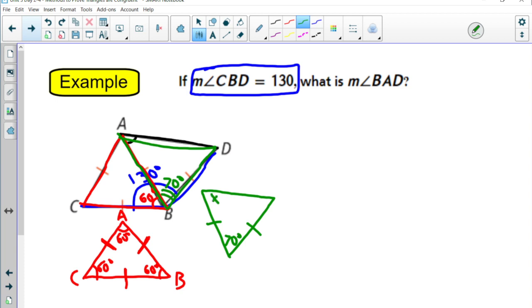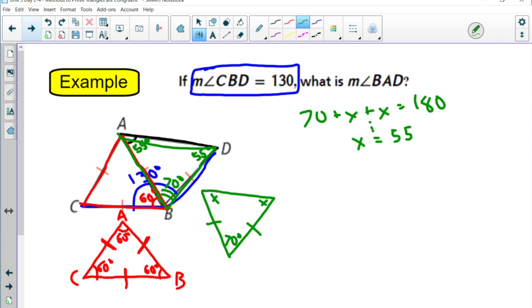And so we can use the same process that we used before to figure out we have 70 plus x plus x equals 180 degrees. So that leaves 110 left for the angles. So since they have to be the same, that's going to leave x being 55. So I have 55 degrees here and 55 degrees here.